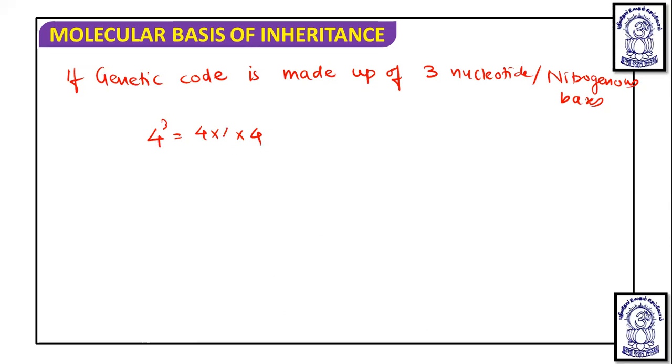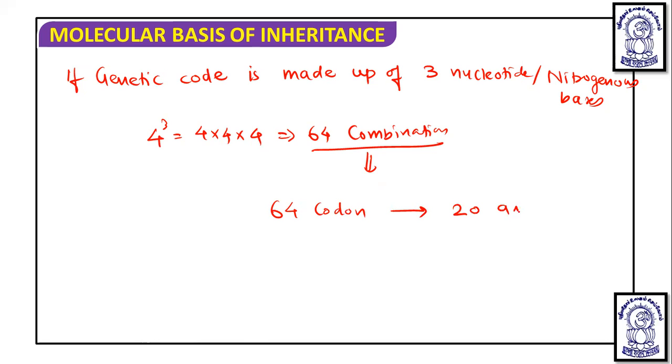If you do like this, then 4 fours are 16, 16 fours are 64 combinations. Each codon is made up of three nucleotides, and such a combination forms 64 codons. So 64 codons code for 20 amino acids. It is somewhat correct because there is a possibility that several codons code for one amino acid. So he suggested that in order to code for 20 amino acids, the code should be made up of three nucleotides.